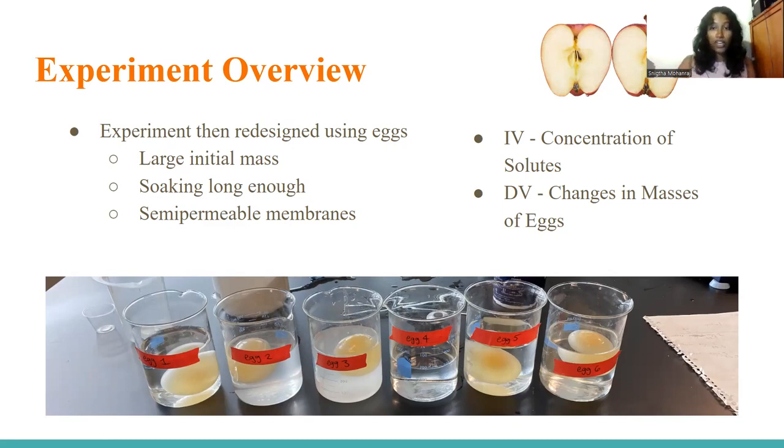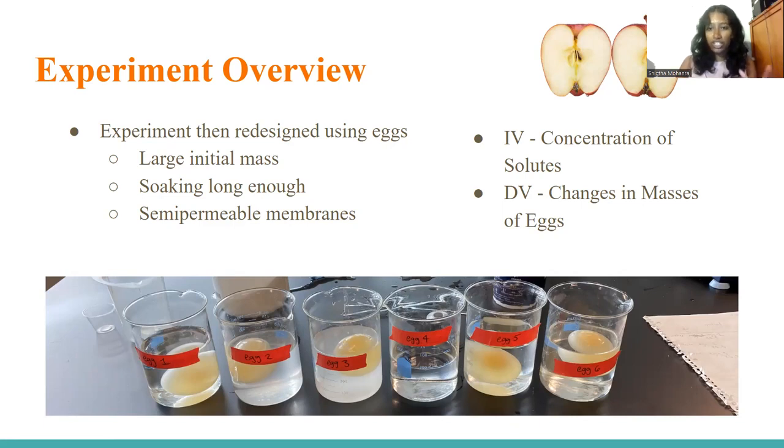And of course, they have a semi-permeable membrane, which is essential for osmosis. And so the independent variable and the dependent variables, I'll go through that. If you are new to experiments, these are some of the first things that you need to define. So basically, what are you looking to do? What are you looking to accomplish? In this case, it was to model osmosis and see how that can just function using real materials such as eggs. And then also identify what your independent variable is. So what are you specifically changing?